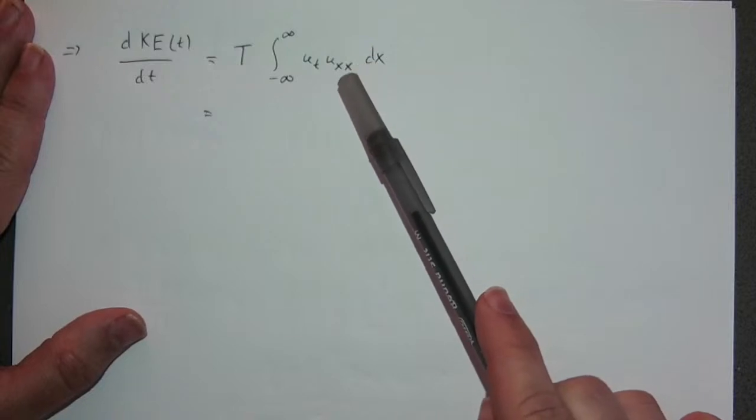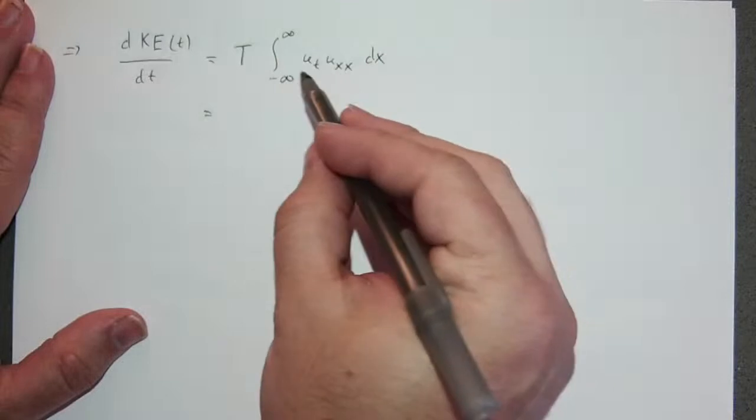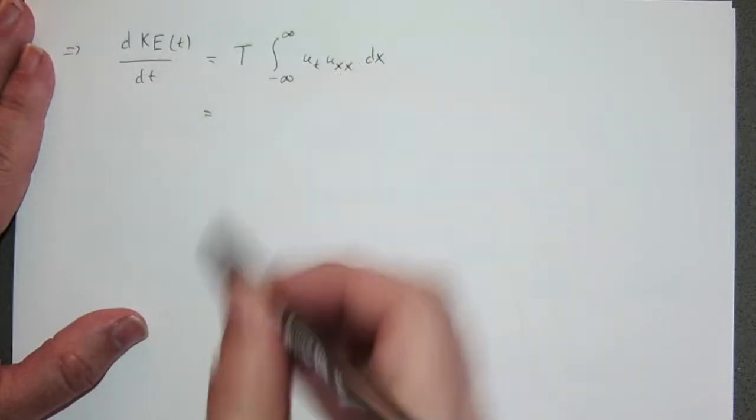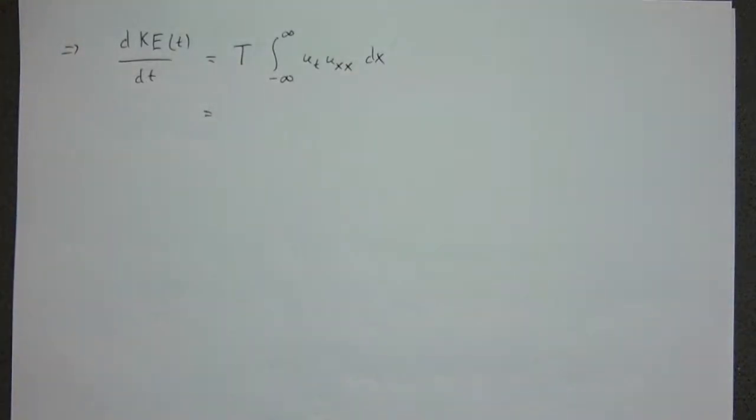And so my first thing, I have this, of course, multiplying everything. So this is like t times uv.